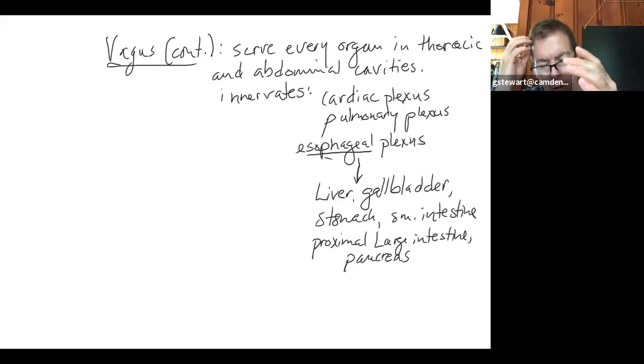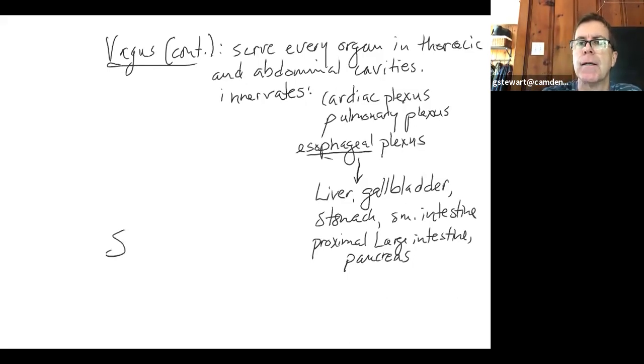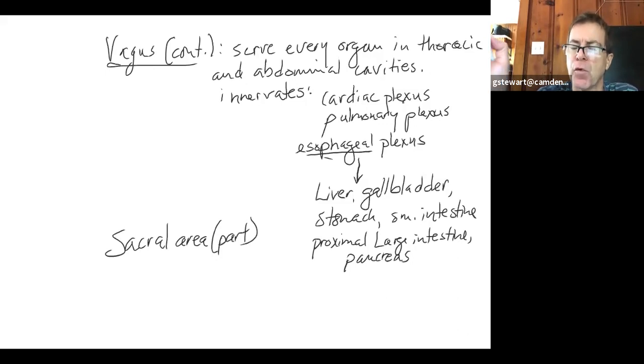So that wraps up the cranial part of the parasympathetic. Now I'm going to talk about the sacral part. I'll try to squeeze it in, the sacral division or area of the, we're still talking about the parasympathetic nervous system division.